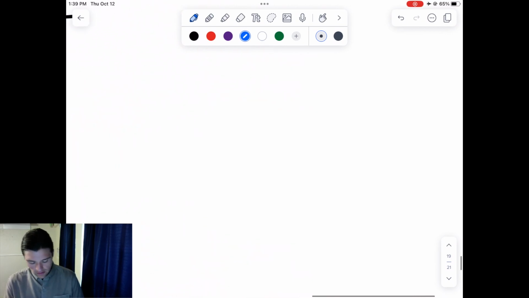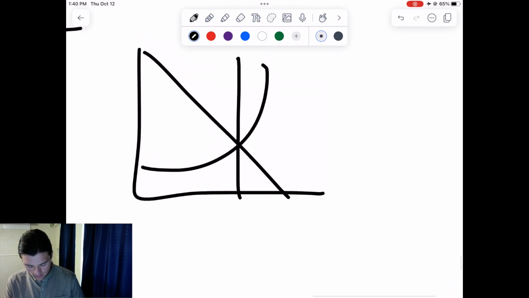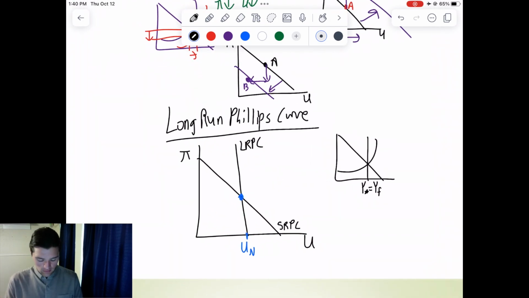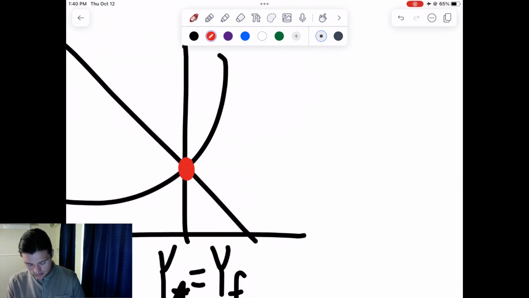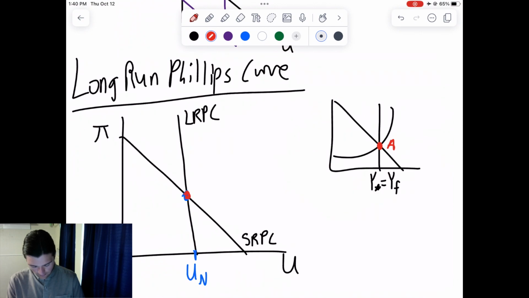Okay, if you are at your full employment, that means you are here. Your Y star is your YF. So you are at your full employment. You are at your natural rate of unemployment. So therefore, your point A, which is here, would be here.